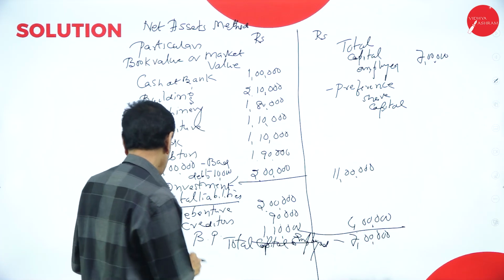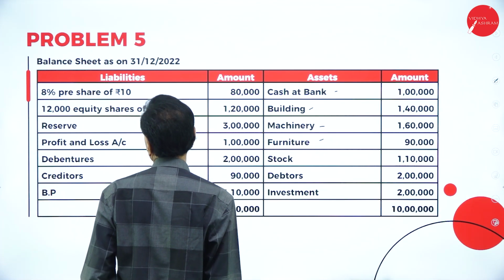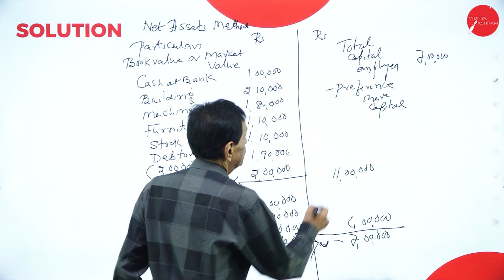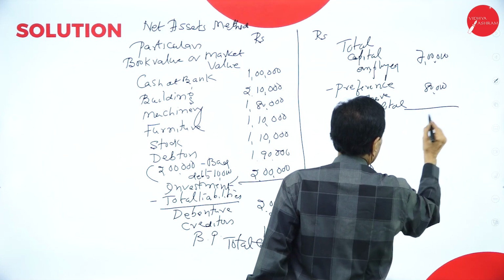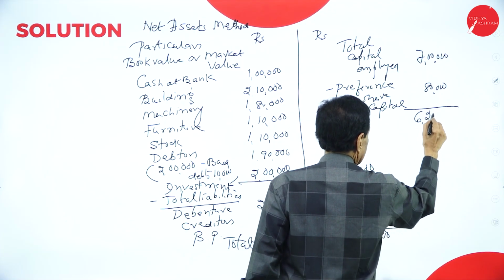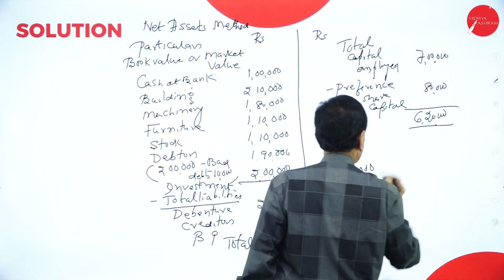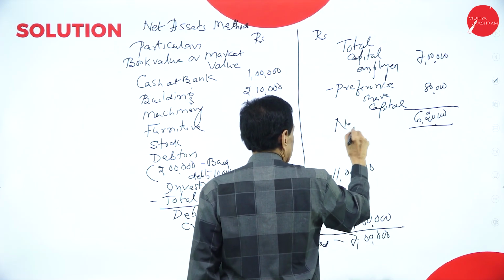What's your preference share capital? 80,000. It becomes 6,20,000. This is your net assets.